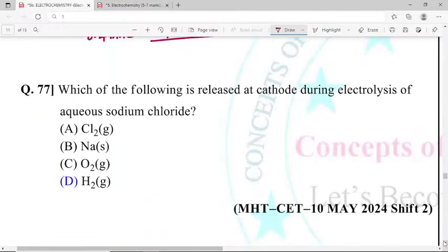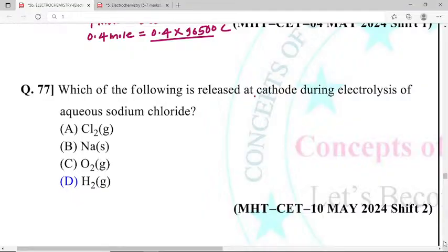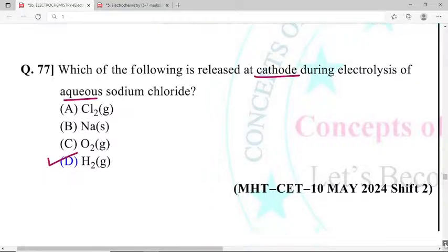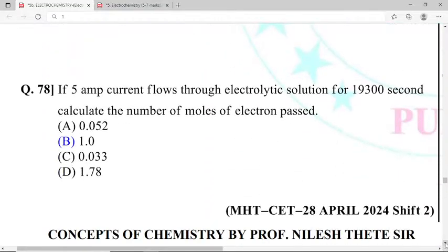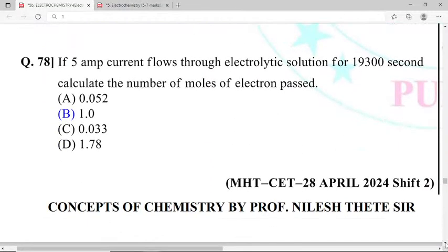Which of the following is released at cathode during electrolysis of aqueous hydrogen gas? If 5 ampere current flows through electrolytic solution, so current in ampere 5, this is time, number of moles of electron passed.